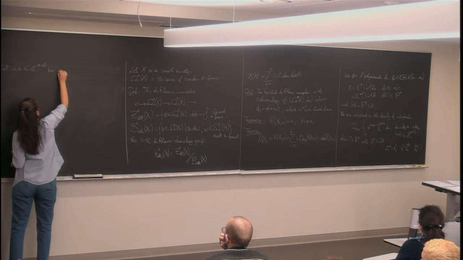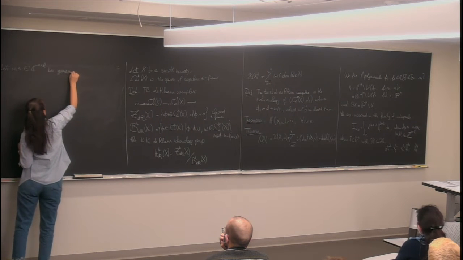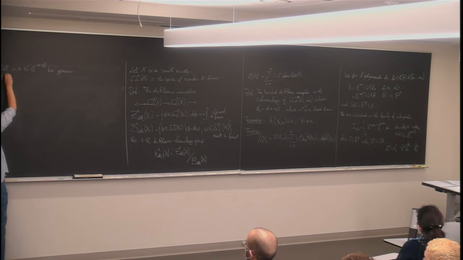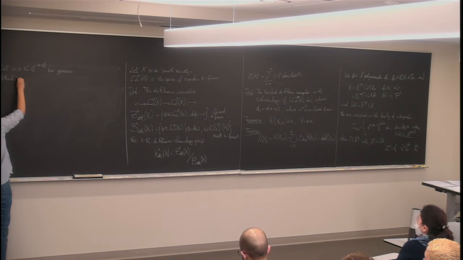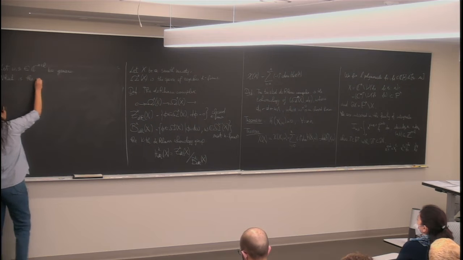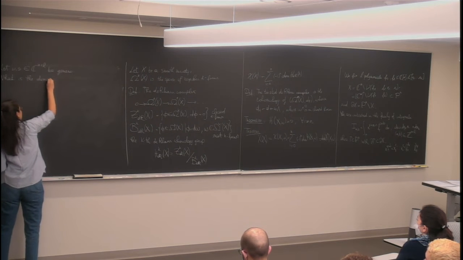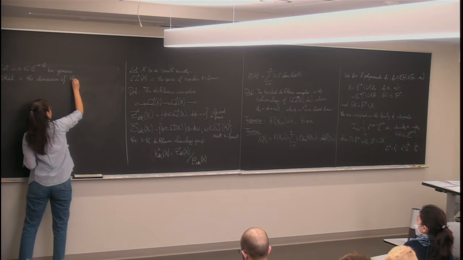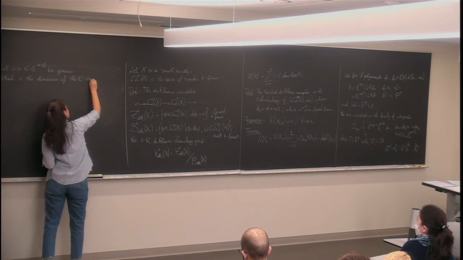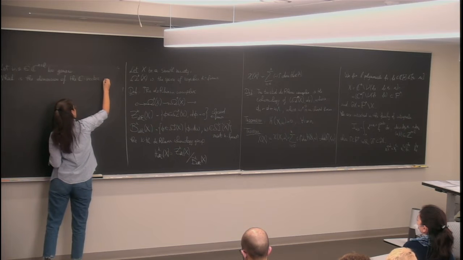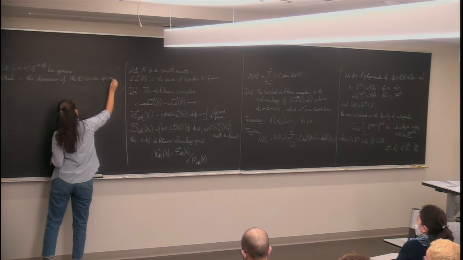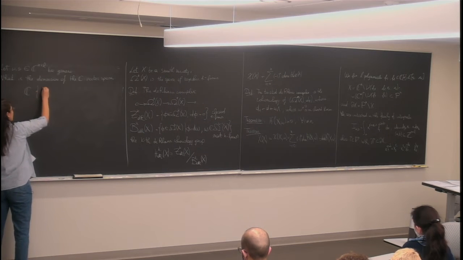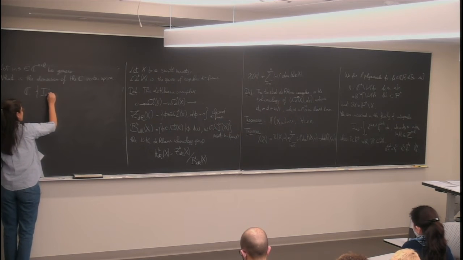And so the question we're interested in is what is the dimension of the C-vector space obtained by considering the C-span of the integrals we just defined.